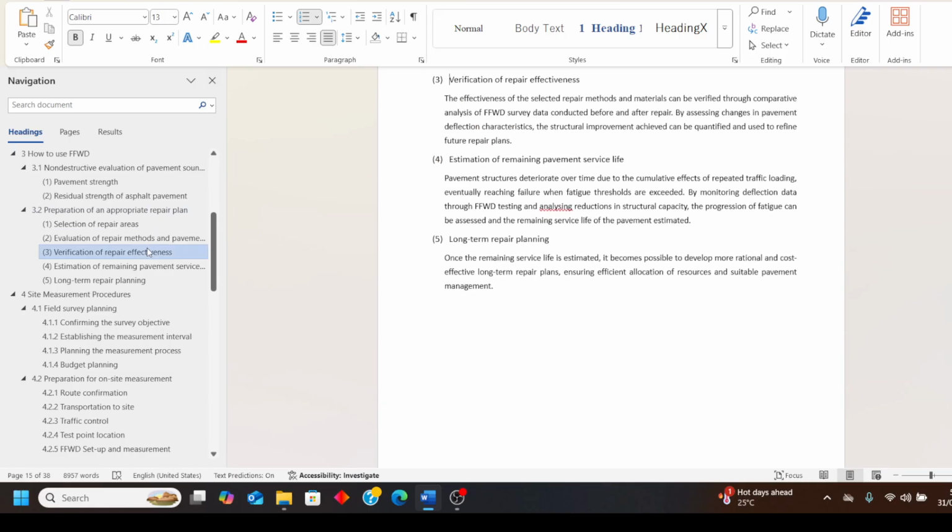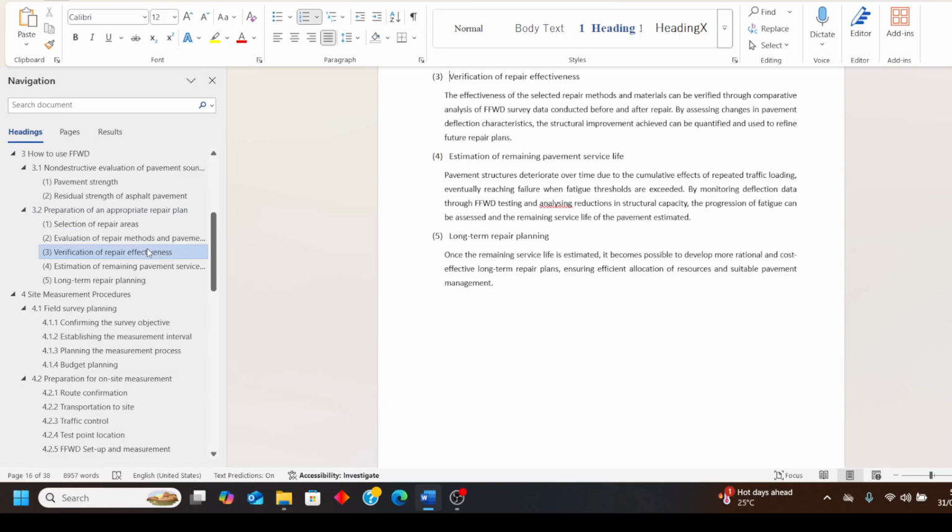And then we have to verify the repair effectiveness, which indicates that we have to compare FFWD results before and after the repair, and then estimate the remaining service life, which means to predict how long the pavement will last, and then finally the planning of long-term repairs, like prioritizing the sections and optimization of the budgets.